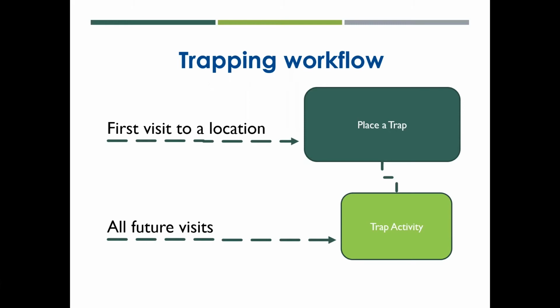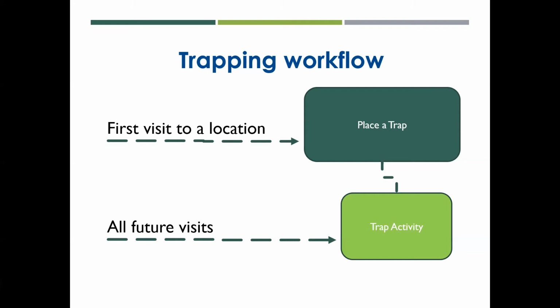And every time you revisit that trap and perform an activity, even if it's just monitoring it, that data has to be entered as well. So the first visit to a location is placing a trap, and any future visits are a trap activity. That trap activity has to be entered in a form on the trap activity table, or it didn't happen.